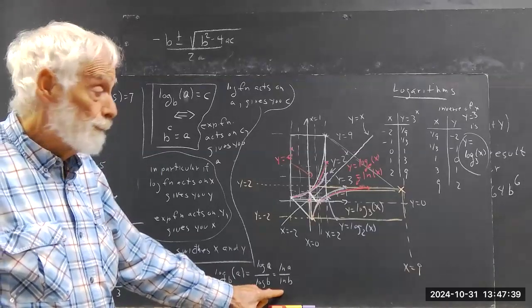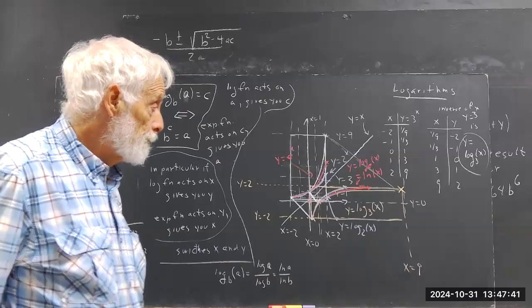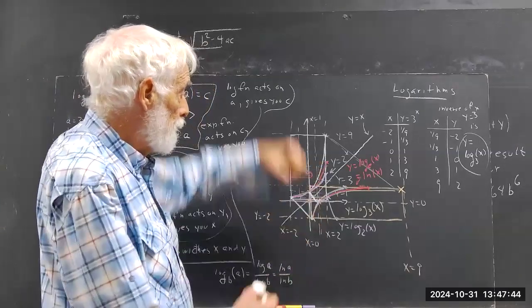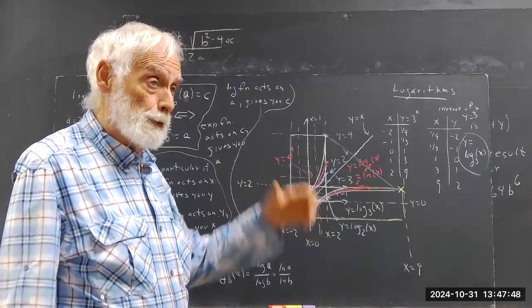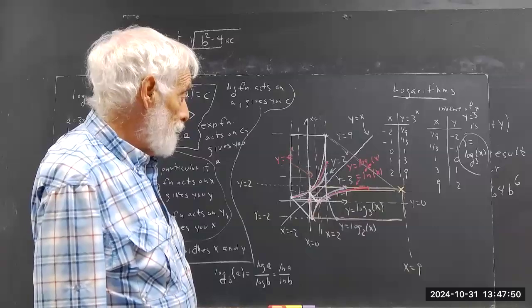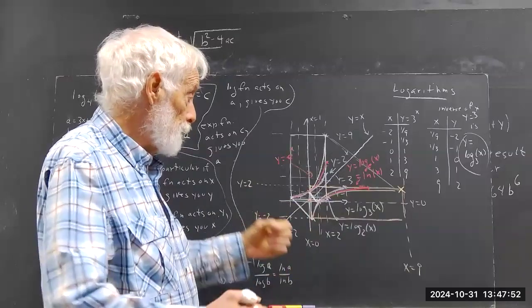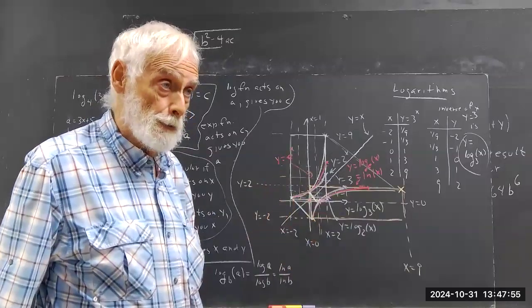Okay. Side comment. Each of these graphs here is just a vertical stretch or compression, and each of these graphs is just a horizontal stretch or compression of each of the others.